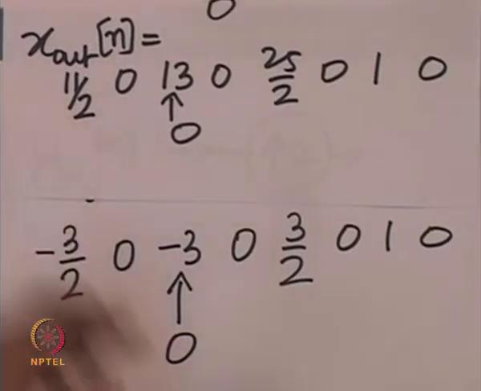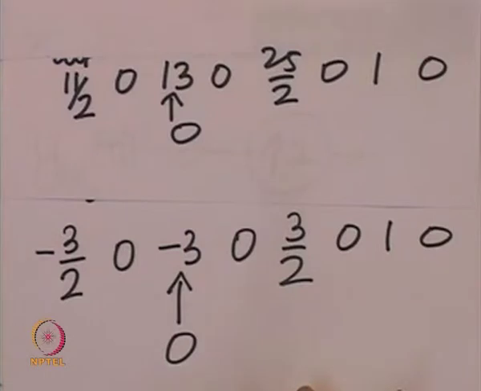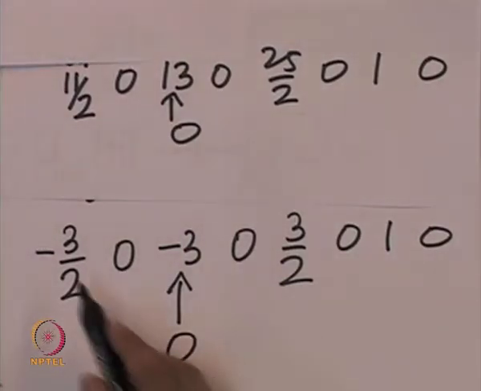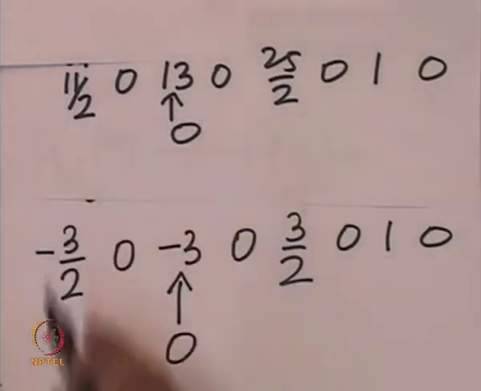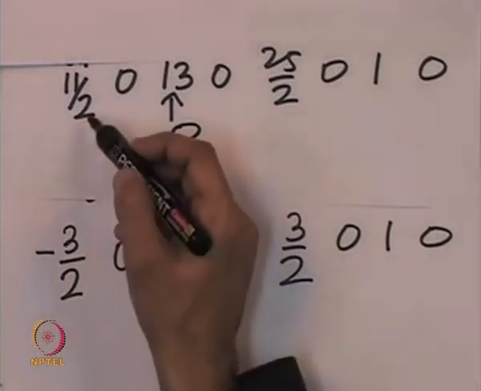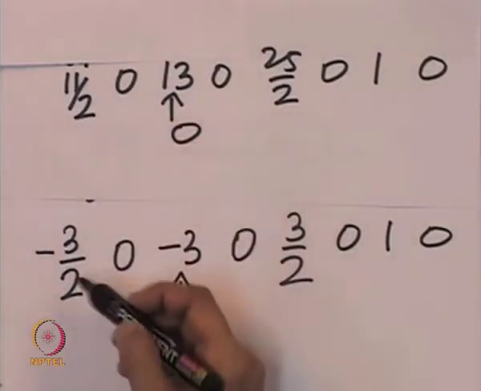So, I will just suppress this for the moment and we just put them together, just these two sequences. So, in these two half intervals, now remember these actually correspond to half intervals here. 11 by 2 minus 3 by 2.